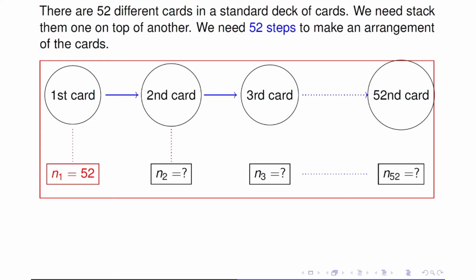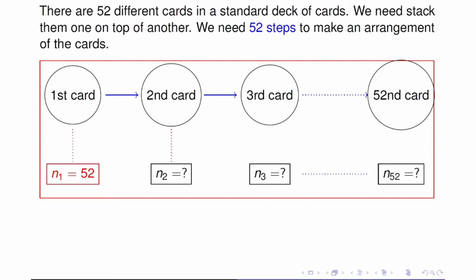After the first card, let's consider the second card. After choosing the first card, how many cards are left? There are 51 cards left for the second card.